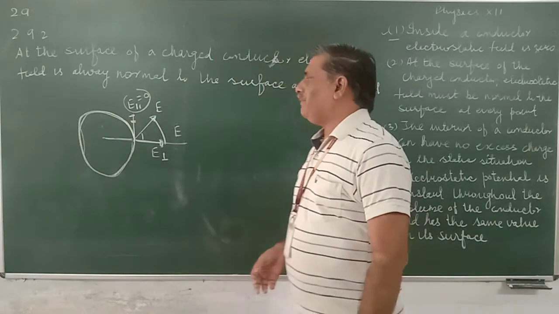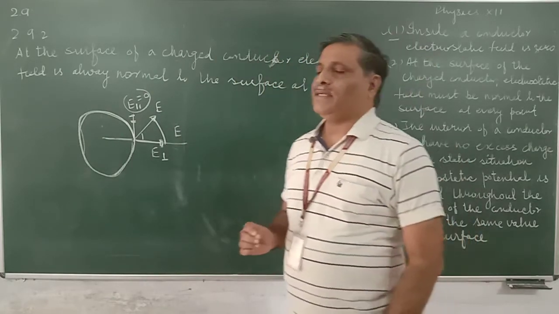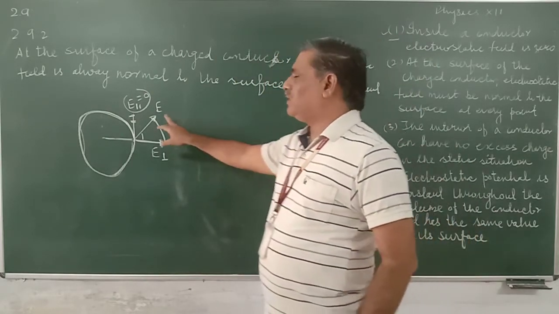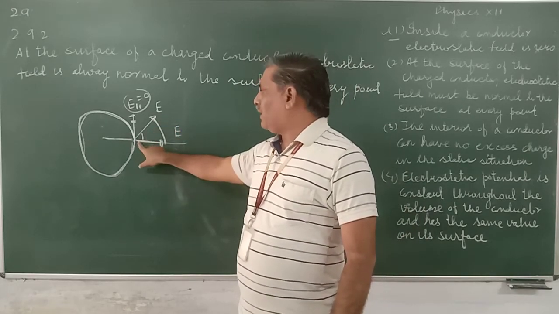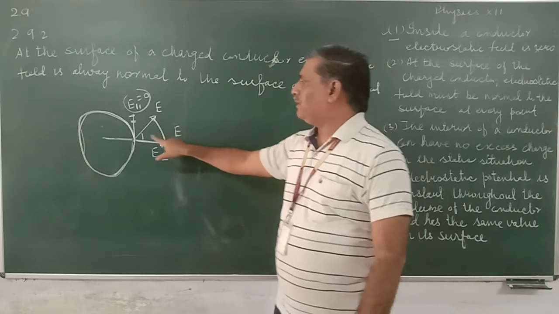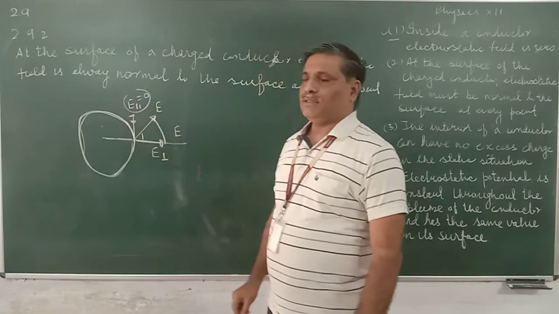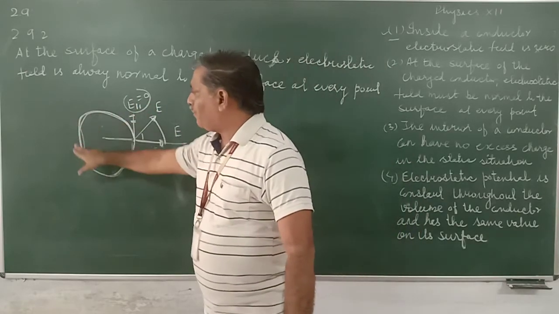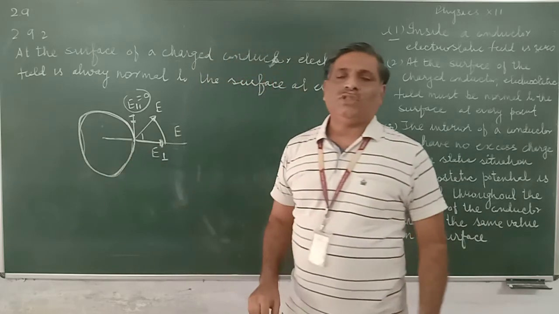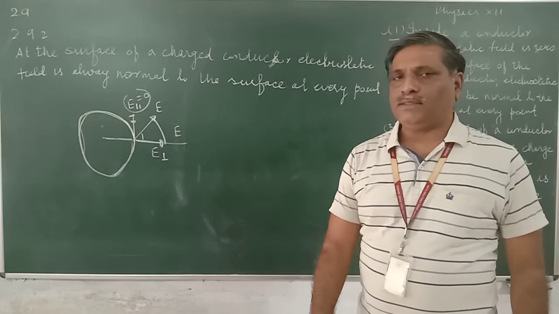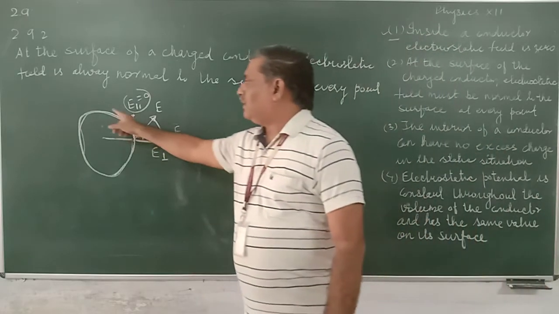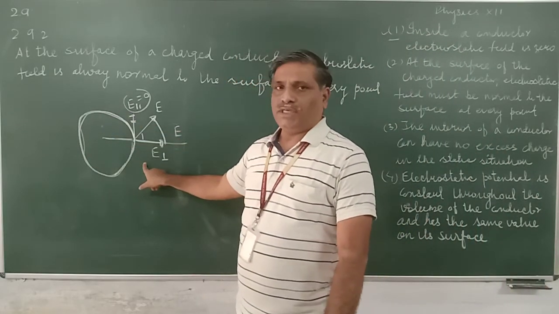Once again I say, we go by the contradictory method. Initially we consider E is not normal. We can resolve it into two components, E radial and E tangential. This tangential component will make electrons move on the surface of the conductor, but the charges are stationary.